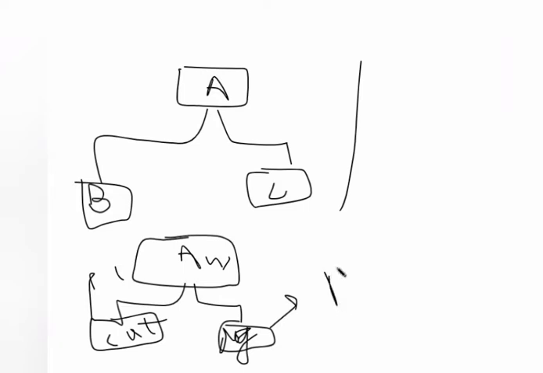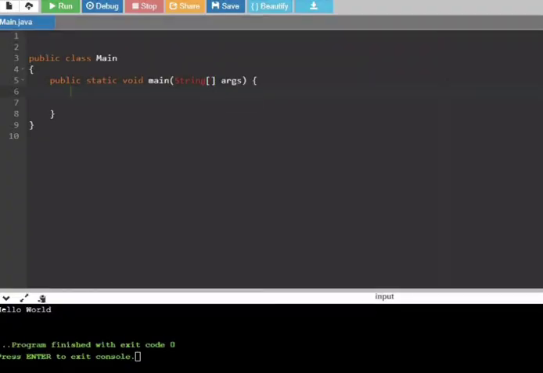Like cat has claws, dogs can bark. So we'll look at this example in programming.